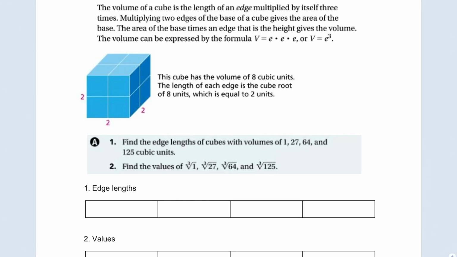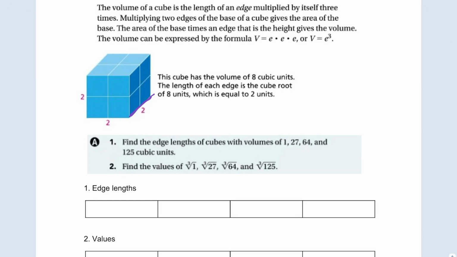So if you read here, it says the volume of a cube is the length of an edge multiplied by itself 3 times. Hey, doesn't that sound familiar? Hopefully it does. Multiplying 2 edges of the base. Now remember, edges are kind of like our side lengths. They're found along the edges of the cube.